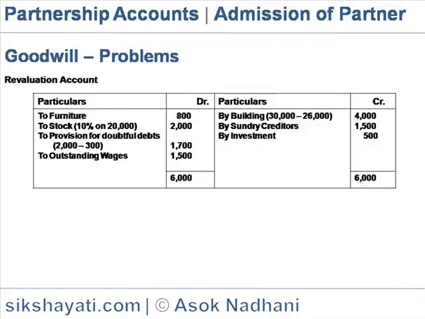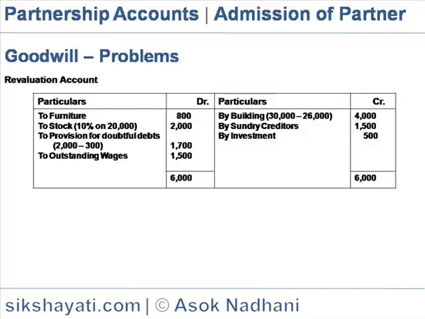Revaluation account. The revaluation account will show the entries as stated in the problem. So it will be credited by building. The building is revalued at 30,000. The old value is 26,000, so 4,000 would be credited. Sundry creditors 1,500 as stated in the problem, and investment is raised by 500.